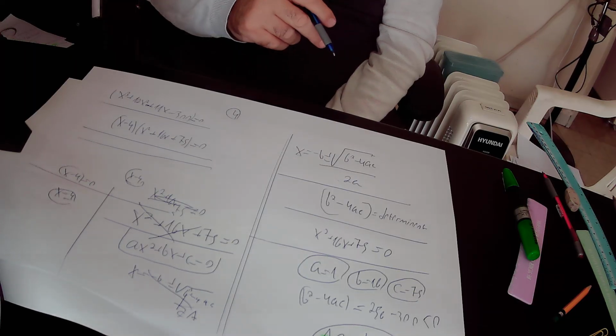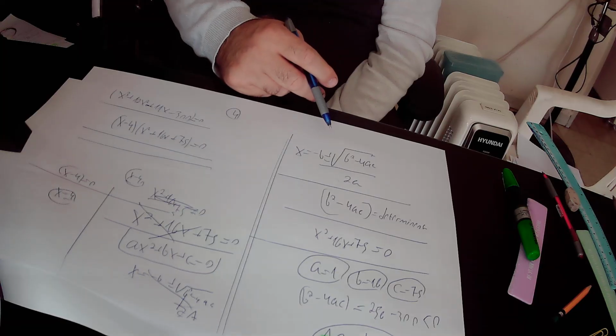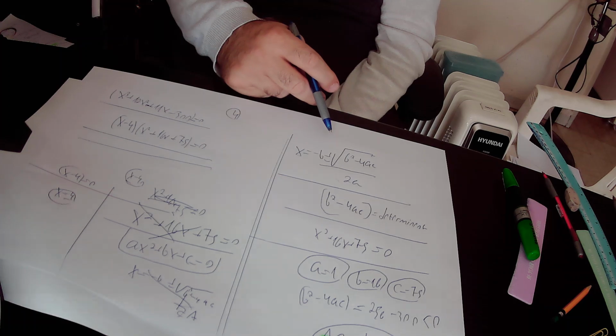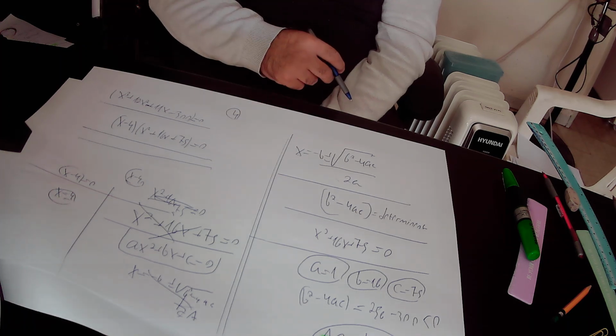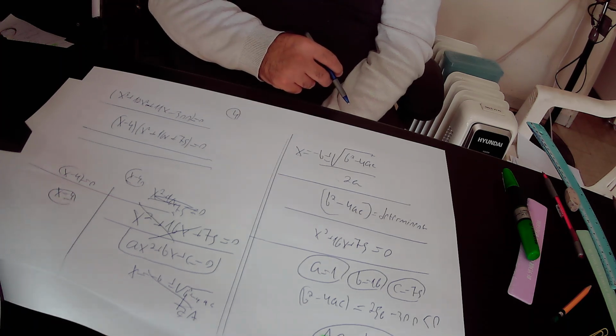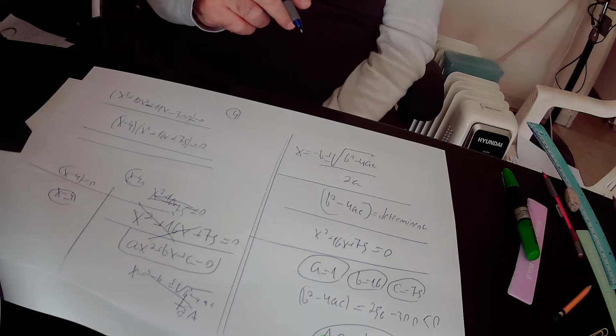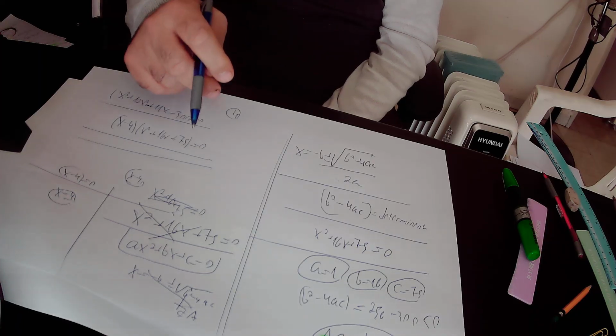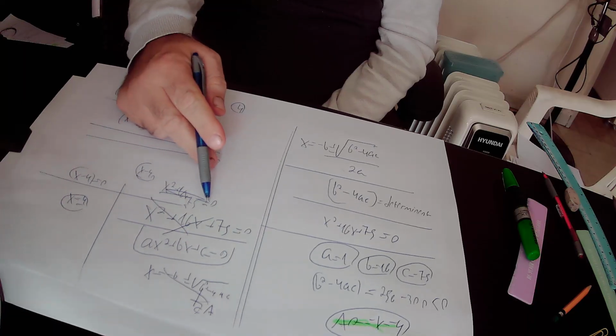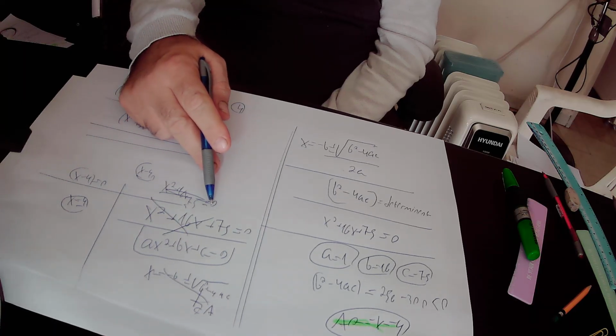And if the determinant of any quadratic equation is negative, then the quadratic equation will not have a solution at all. So we must verify that the determinant of our specific quadratic equation is not negative.